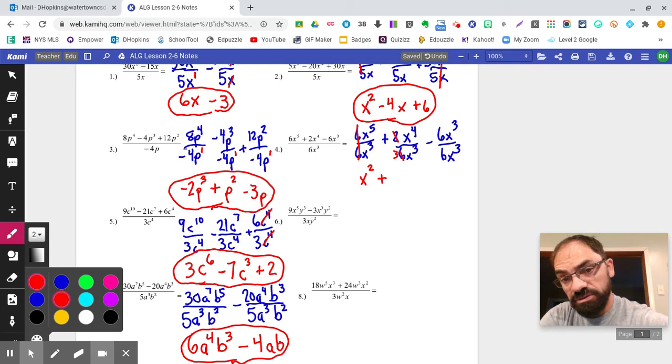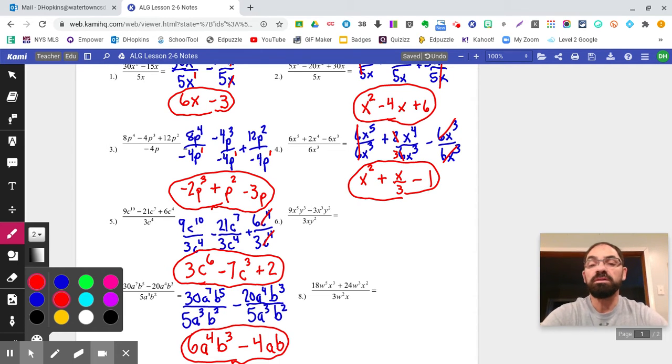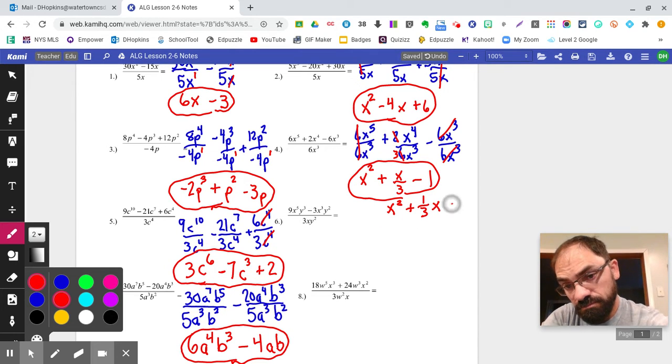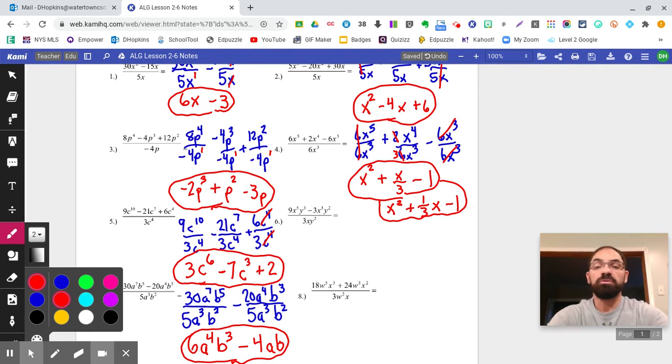And 4 minus 3 is 1, so x over 3, minus anything divided by itself is 1. So we have to show a 1 in there. So I could write it like that, or I could write it like this. Whichever you prefer.